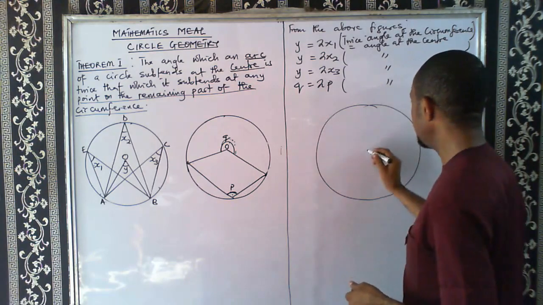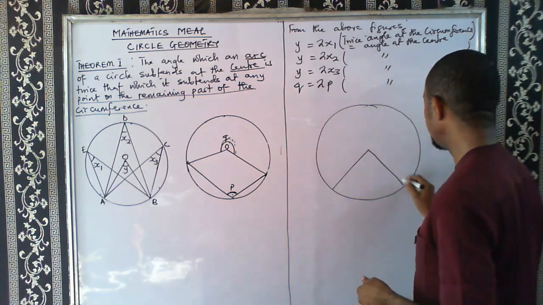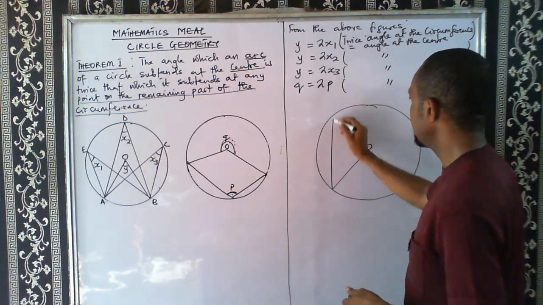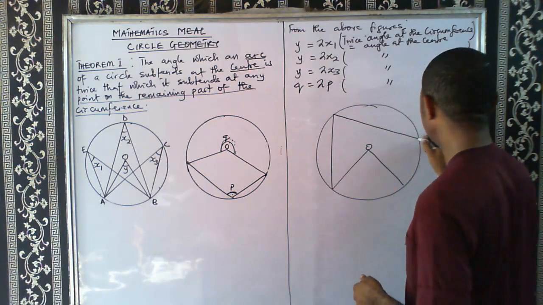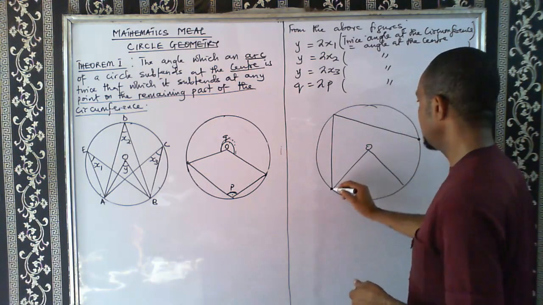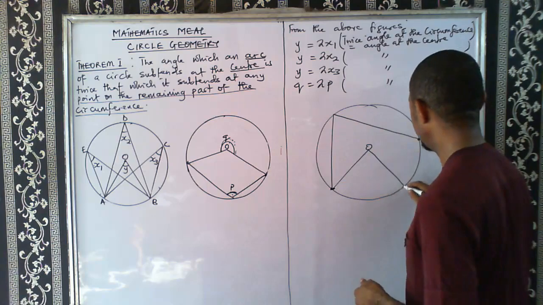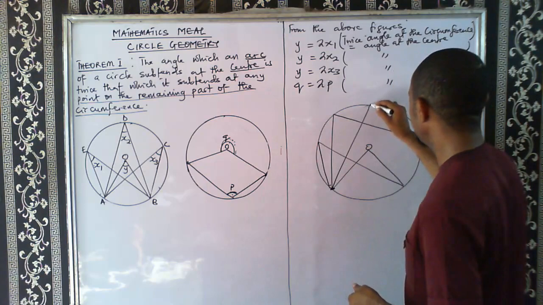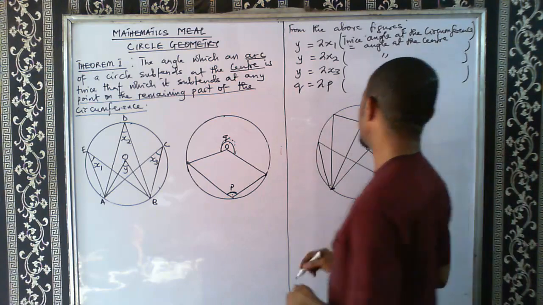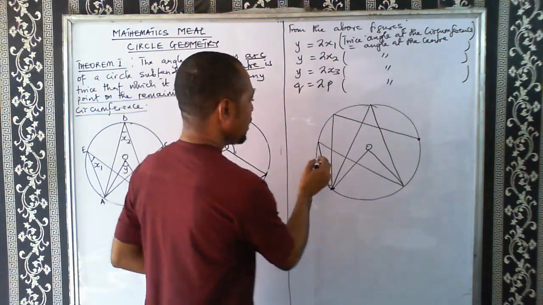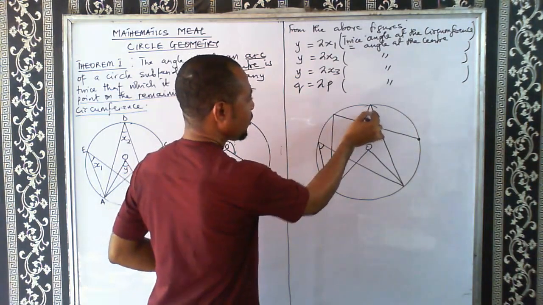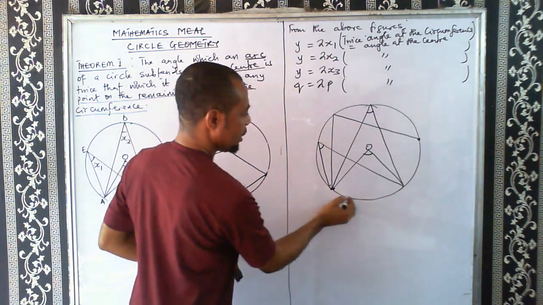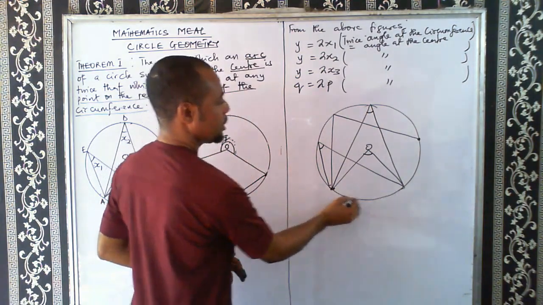If I have a circle with this center, and I have this, and that, you can have things as complex as this. So this angle, this angle and this angle, three of them, originated from the same arc.